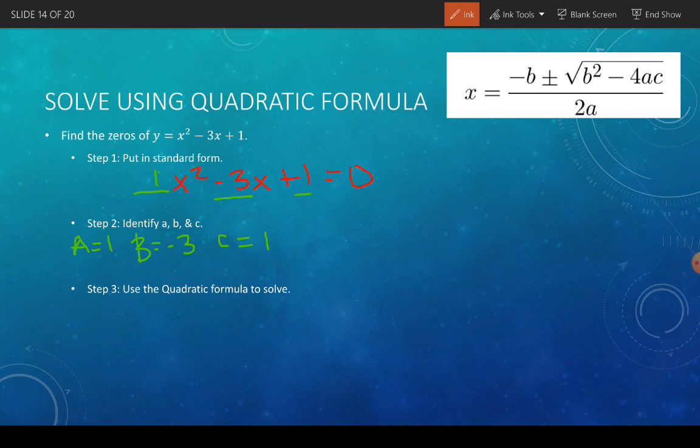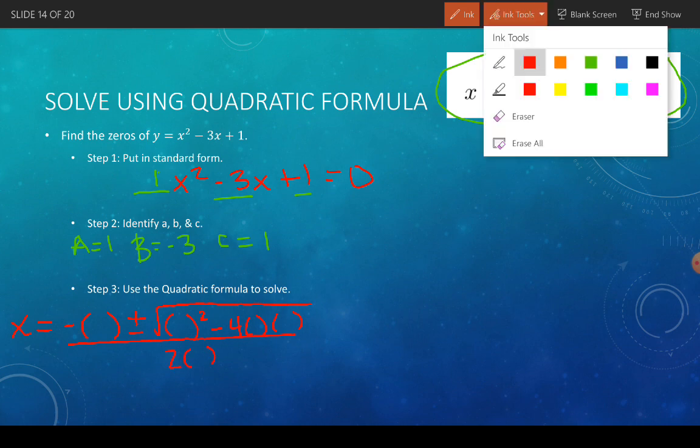I put the quadratic formula up here in the top right corner so that we can reference it. So it tells us that we should have x equals negative, then our b value comes in, plus or minus the square root of b squared. So we're going to plug in b there, and we're going to square it, minus 4 times a times c, all over 2a.